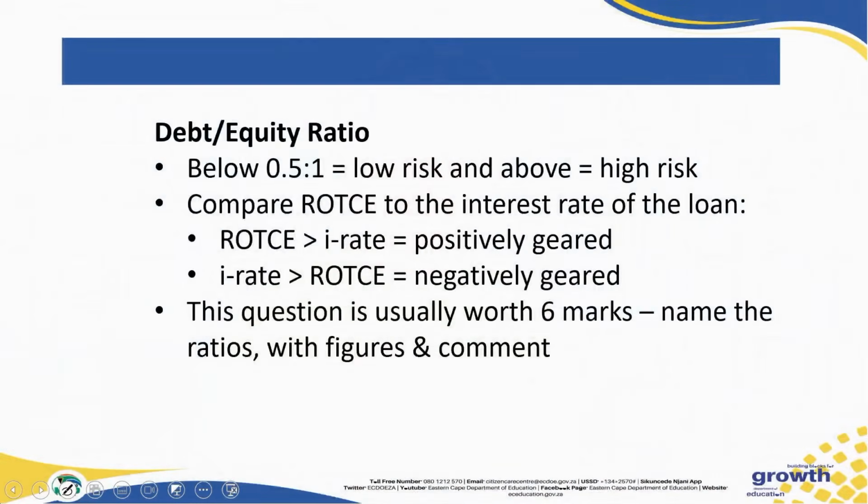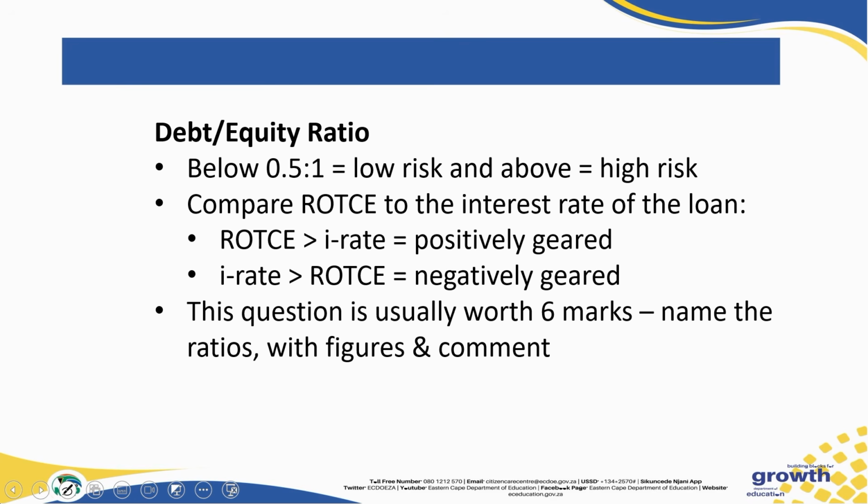The debt equity ratio, if it is below 0.5 is to 1, it means that we are at a low risk. And if it is above 0.5 is to 1, we are now at a high risk. So this is comparing how much debt we have to our shareholders' equity.